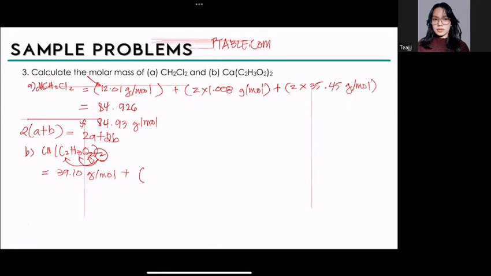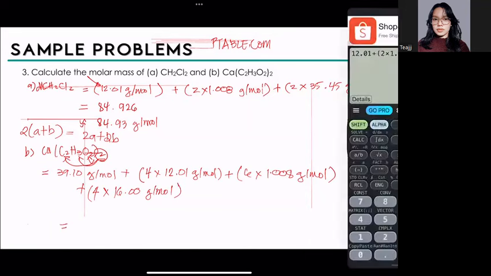So that's going to be 2 times 2. So that's 4 times the molar mass for carbon, that's 12.01 grams per mole, plus 3 times 2, so that's 6 times 1.008 grams per mole for hydrogen, and then 4 times 16.00 grams per mole, that's for oxygen.